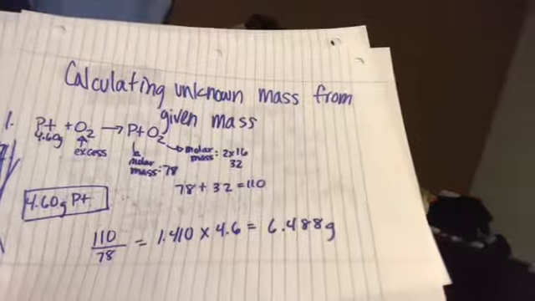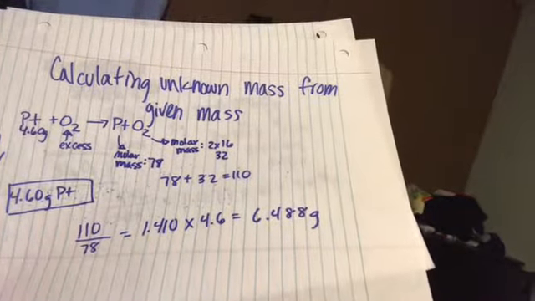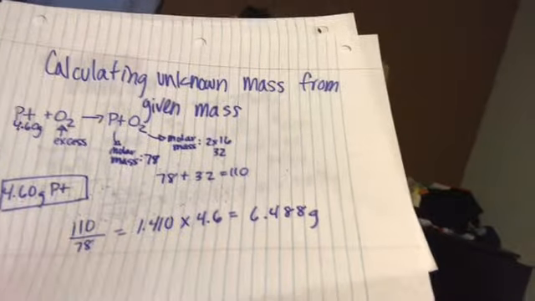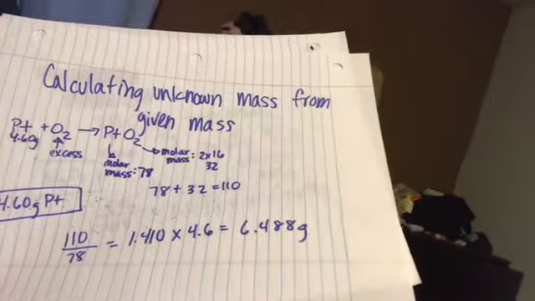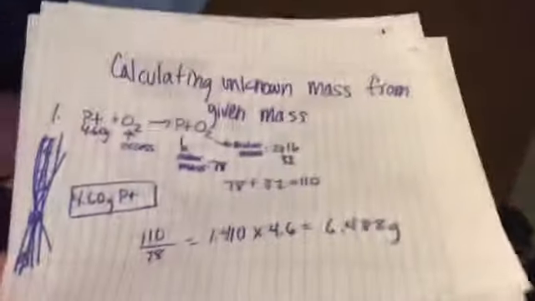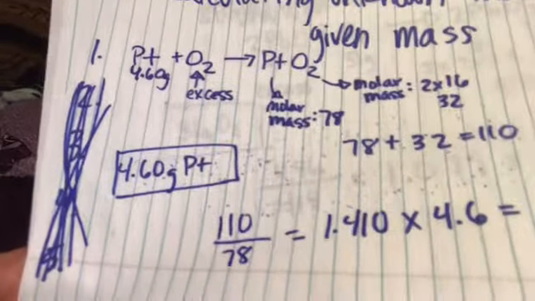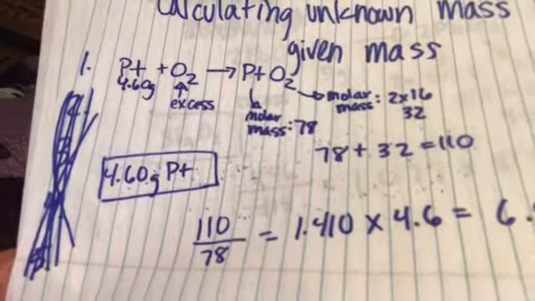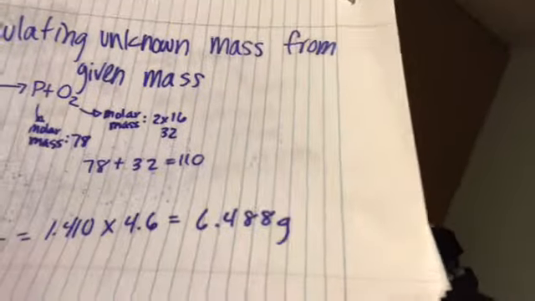And then you would put that molar mass and divide it by 78, which is the molar mass of platinum. After that, you would get the total of 1.410, and then I put this right here in a square because that's the information that was given. So 4.6 grams of platinum is there. So we will multiply that by 4.6 grams, which would give us a total of 6.488 grams.